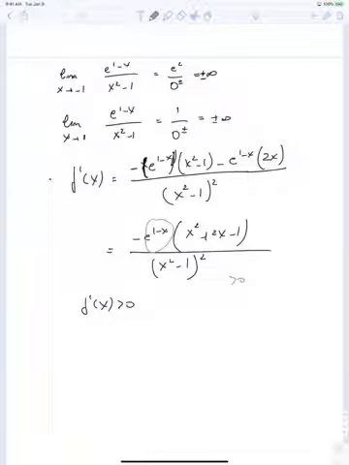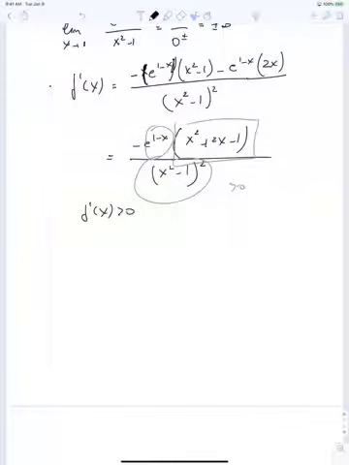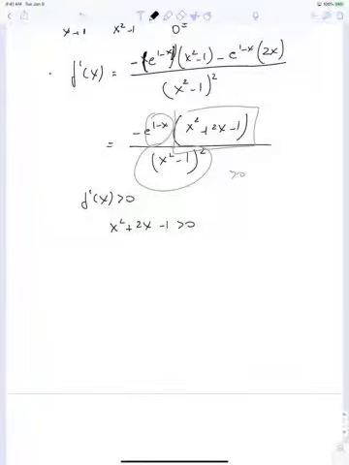This quantity here is also positive by definition. With the minus sign, it's always going to be negative, so it only depends on the sign of this quantity here. So what we can do is simply study x squared plus 2x minus 1 greater than 0. Well, I'm going to do the calculations pretty quickly.